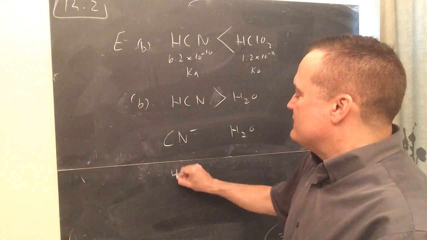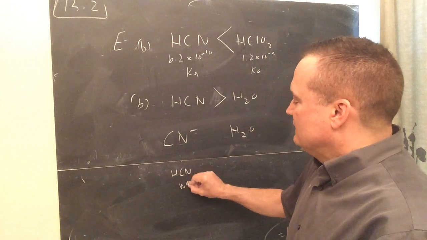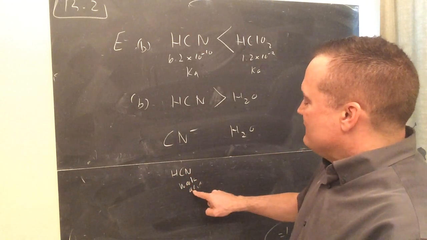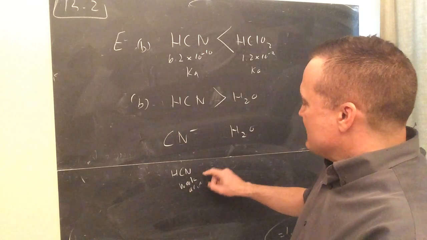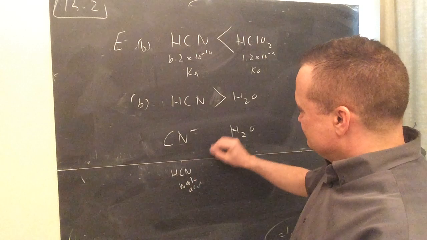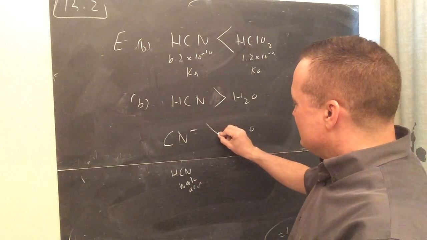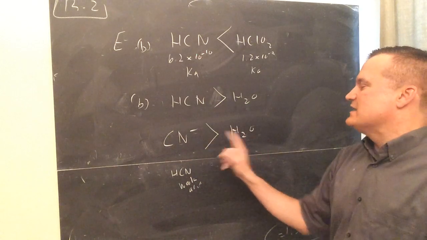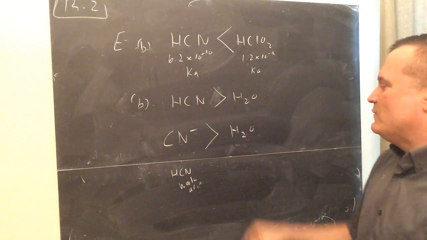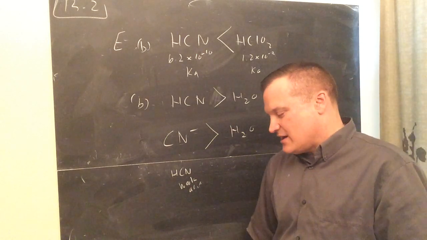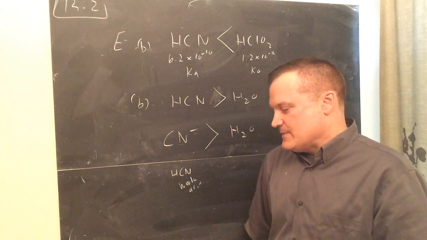This is the conjugate of a weak acid, so that means this is a weak acid conjugate. So it'll be a stronger base, and water will be weaker as a base than all the bases except for the conjugate of a strong acid.